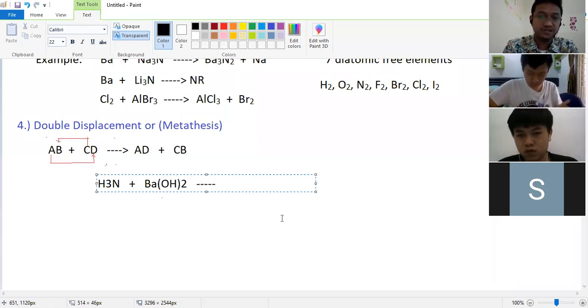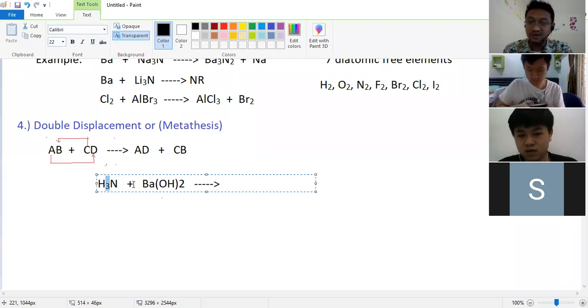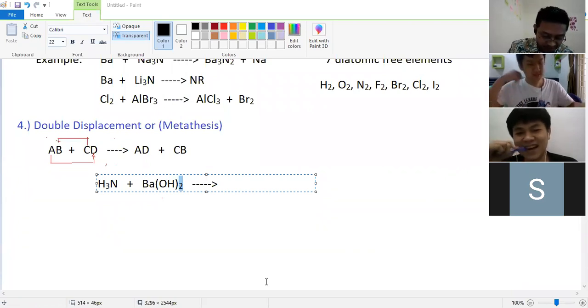Hydrogen nitride plus barium hydroxide. So please type the result. Javier said HBa plus N. Okay, can you suggest another? All right, let's see from Mini: H2O plus Ba3N2. Okay, we have a correct answer from Mini. So Mini got it correctly.